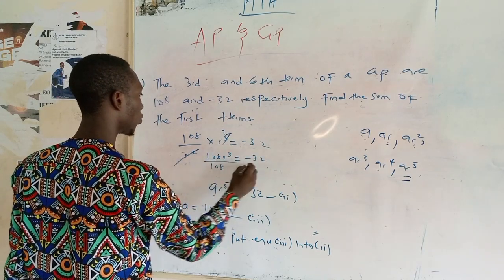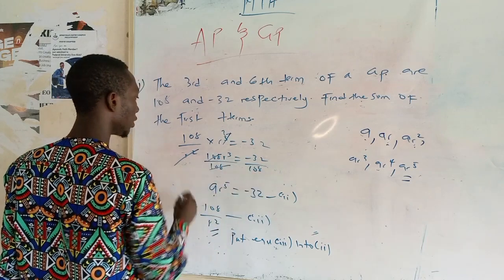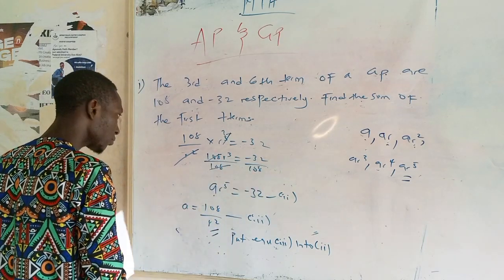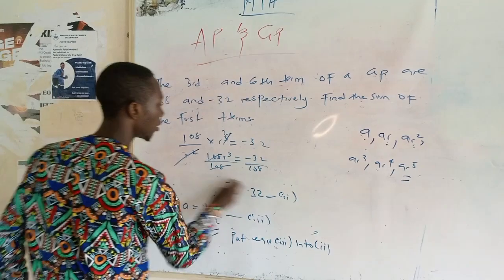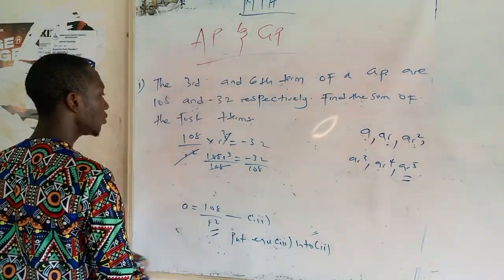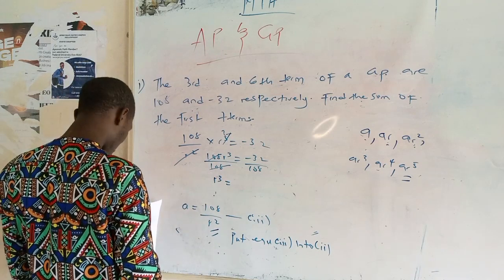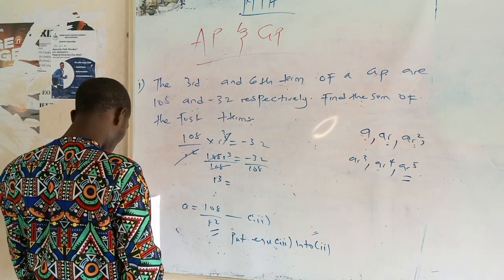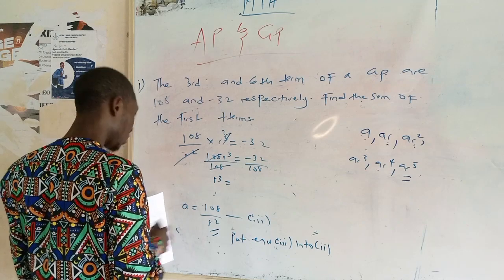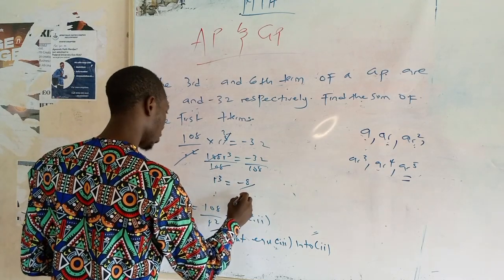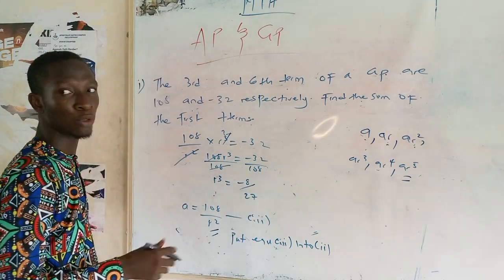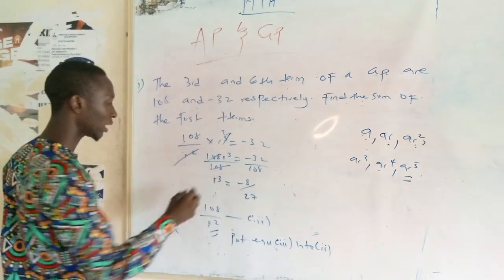Divide both sides by 108. Then R3 is minus 32 over 108 reduced to the lowest form, which is minus 8 over 27. Now take the cube root of both sides, that is, multiply both sides by the inverse of the power, so it will cancel each other.